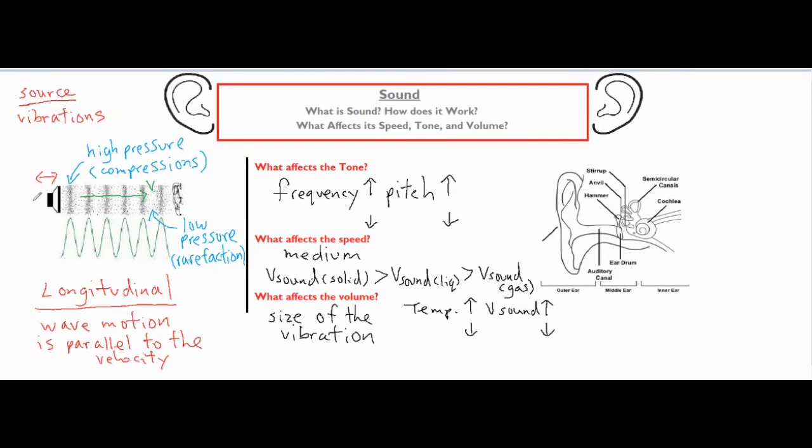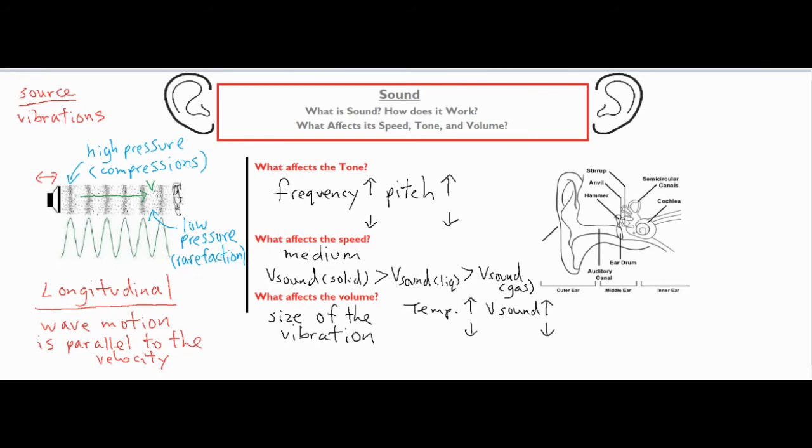So when that speaker is vibrating back and forth, if it has a larger vibration, a larger range of motion, it's going to create areas with greater pressure and lower pressure. So when they strike the eardrum, it's going to cause more movement, therefore having you hear a louder sound because more energy is passed on to your ear.